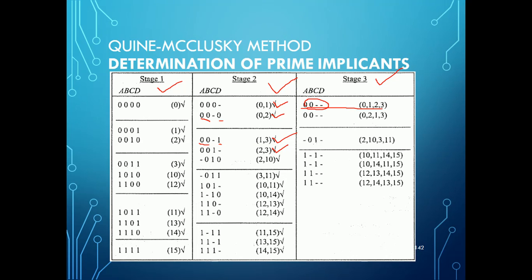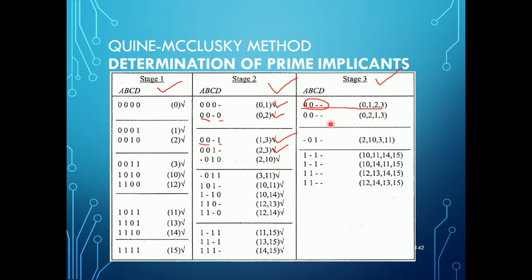Now we have to check 0 2 with the other lower terms also. Lower terms also you have to see whether it can be combined. 0 2 can be combined with the other lower terms? Not possible, so leave that.